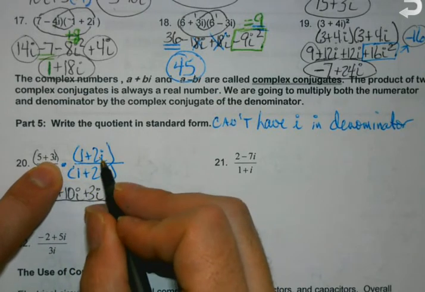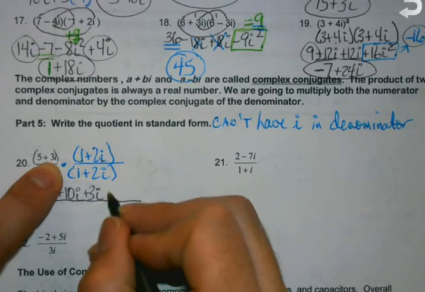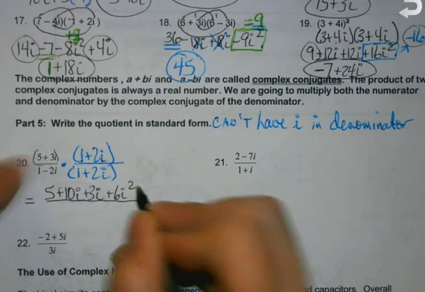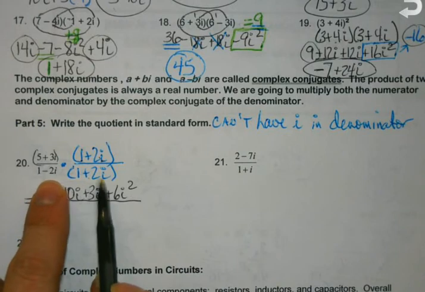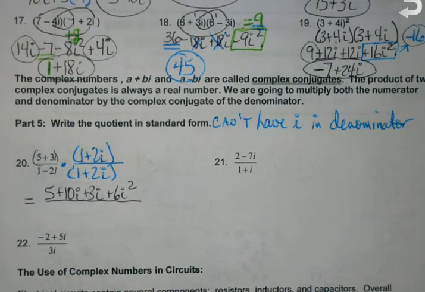And 3i times 2i is 6i squared, which we know is going to be negative 6. And we'll talk about that in a second. You'll see in a second here, because what I'm trying to do is eliminate i in the denominator. And so here's how this is going to work.